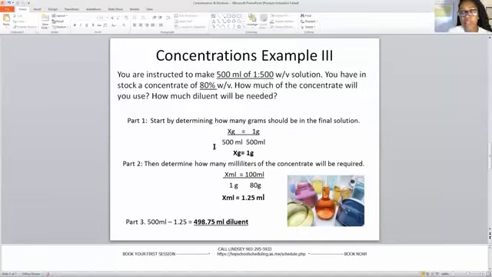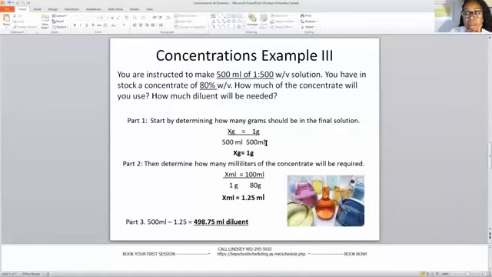Now you'll see I did 3 parts here, but I'm going to show you what I did. The first thing I needed to do was look at this ratio here, which is 500 mLs of a 1 to 500 solution. So I knew this one is 1 gram over 500 mL, so it goes here.